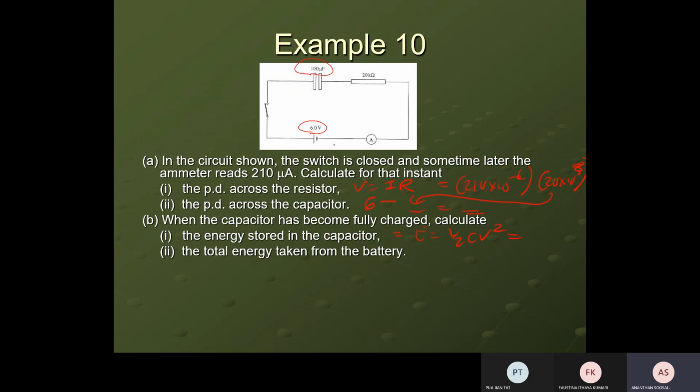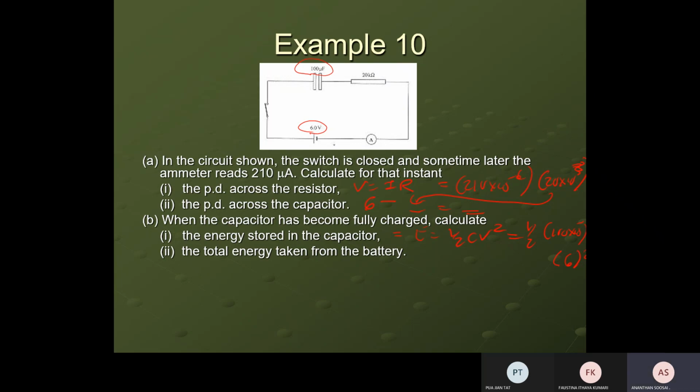So the energy stored is one half times 100 times 10 power of negative 6 multiplied by 6 squared, in joule as usual. You have 3 formulas, but here the suitable one is CV squared: C we know, V we know. Because we don't know the charge, we ignore those formulas.